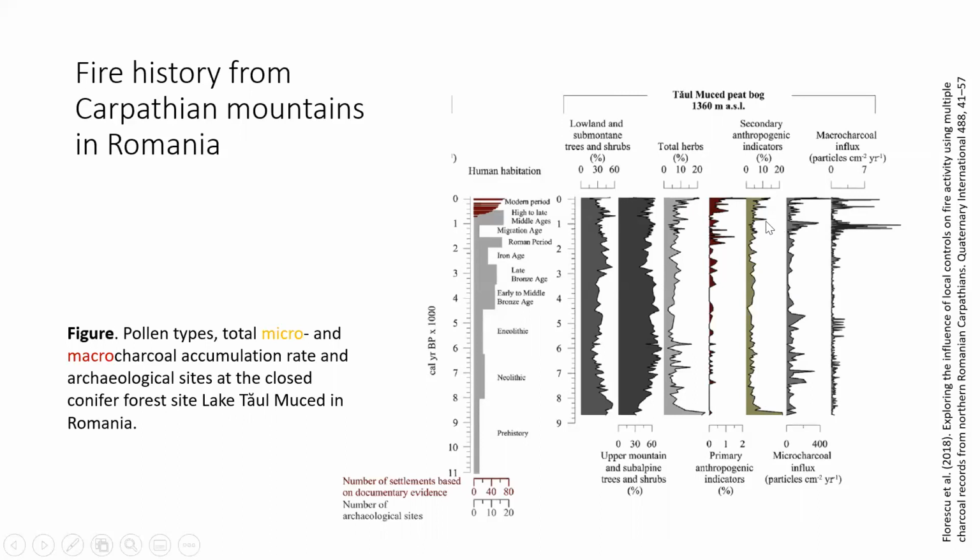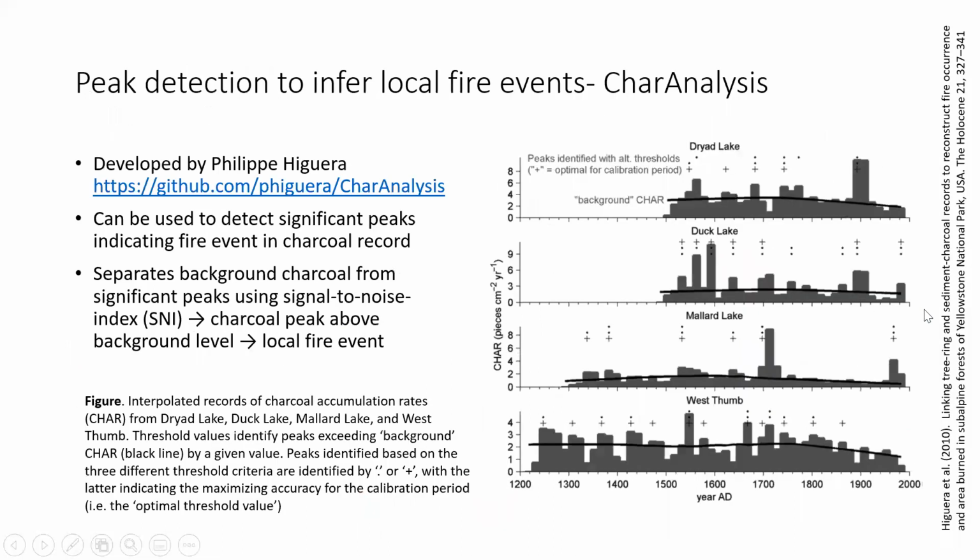And also there you see peaks coming after fire or when there's an increase in fires. So again, by combining proxies, you get a more comprehensive view of the environment. Here you can see the microscopic charcoal influx and here the macroscopic charcoal influx.